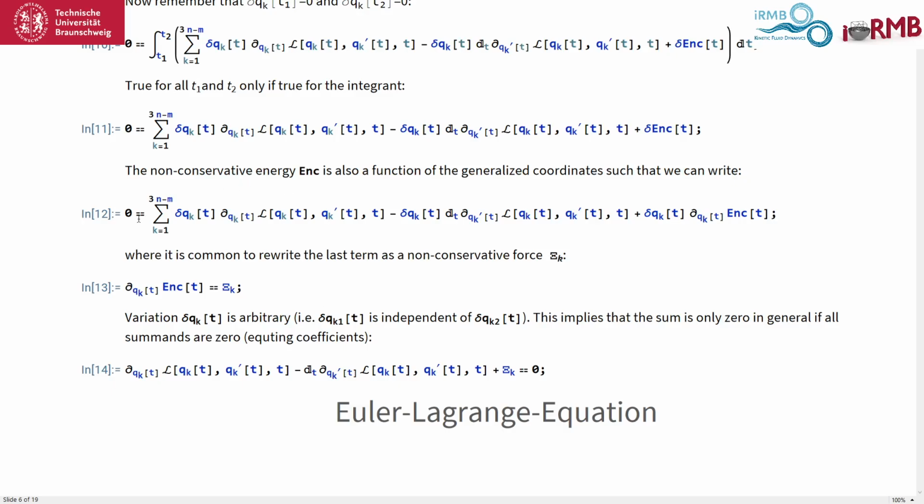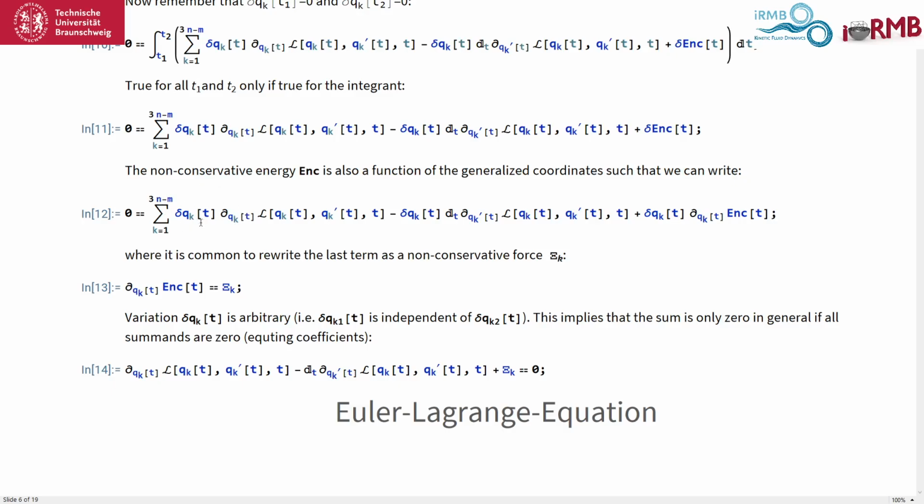So if the sum is 0, no matter what, and the variations of the coordinates are independent of each other, then this can only be true if all the parts in the sum individually are 0. This is equating coefficients.